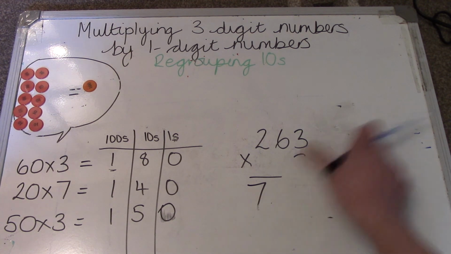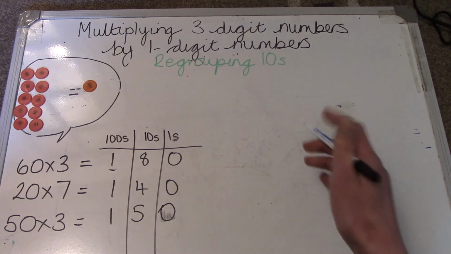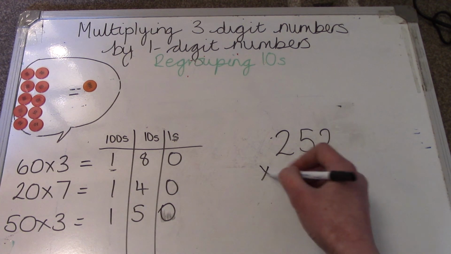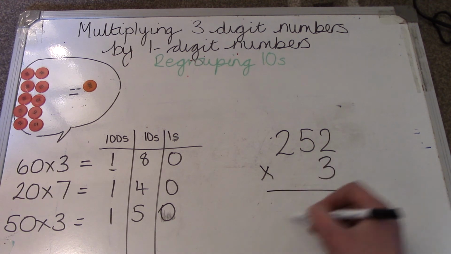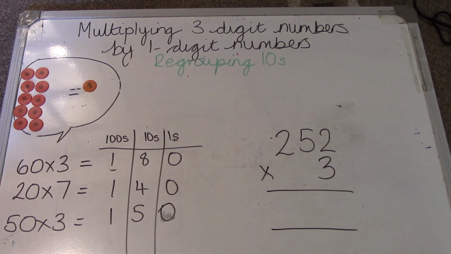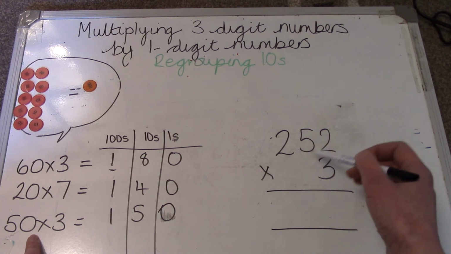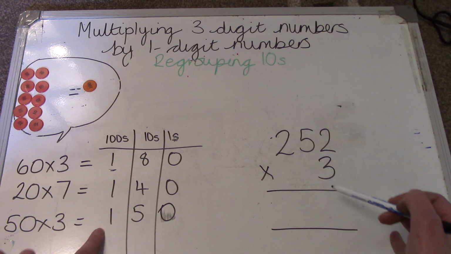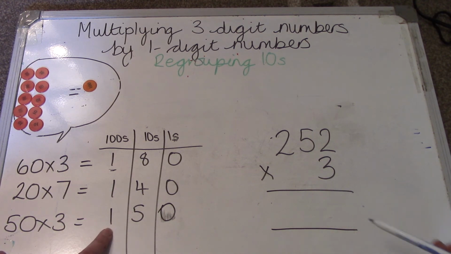Okay, the next example we're going to look at today, again you can pause it first, is 252 multiplied by 3. Here we go. Pause it and have a go with it yourself if you like. Come back and find out. Remember, we've got this one here, that's what's going to help us. You can see that we're going to have 5 tens multiplied by 3 here, so we know this is where we're going to have to do some regrouping, isn't it?